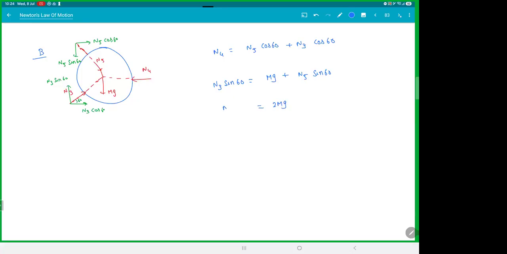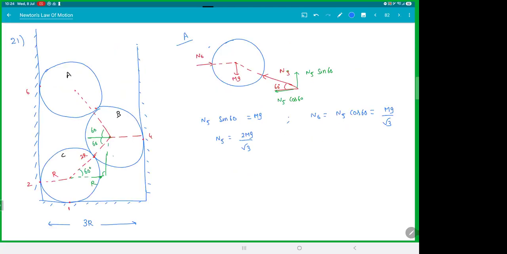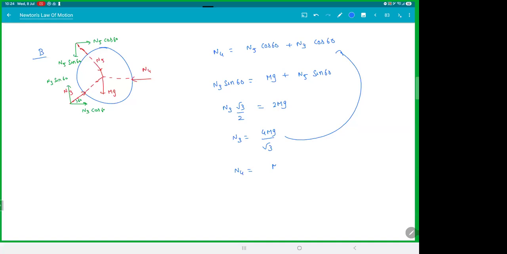So this is 2mg. From here we get N3 is 4mg by root 3. Take this and substitute here. That will give you N4, 5mg by root 3 plus 2mg by root 3, that would be root 3 mg.